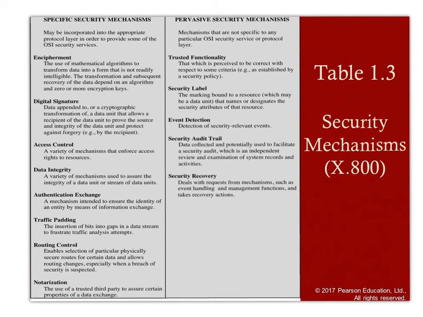This digital signature will ensure two things. It will ensure that the message itself is not modified, and if it's modified, the digital signature will become invalid, which indicates that the message has been modified, which serves what objective? Integrity, right?